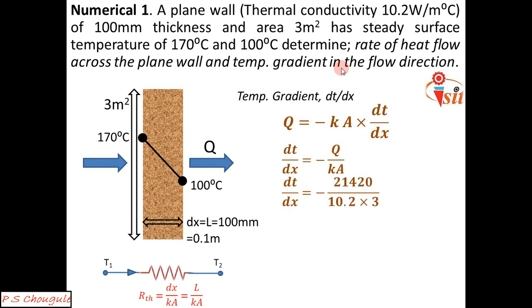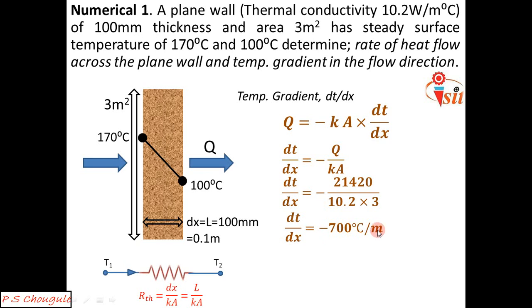Since we have derived the value of Q, you have to write the value of Q in watt only, divided by K into A. K is the thermal conductivity, A is the area. So you will get this answer which is in degree Celsius per meter.